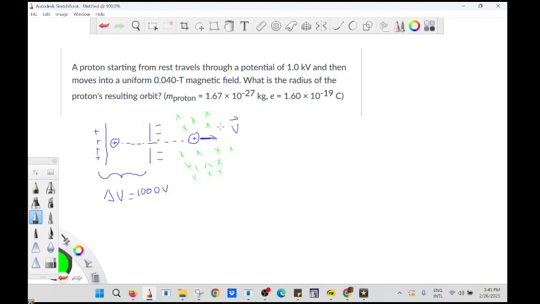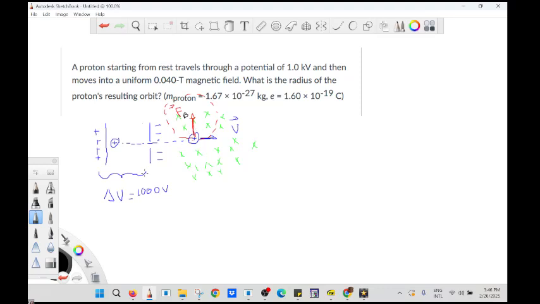You take your right hand and you see that the force will be, in that case, perpendicular to V, perpendicular to B. So in that case, it's going to be here. And we have a circular motion.